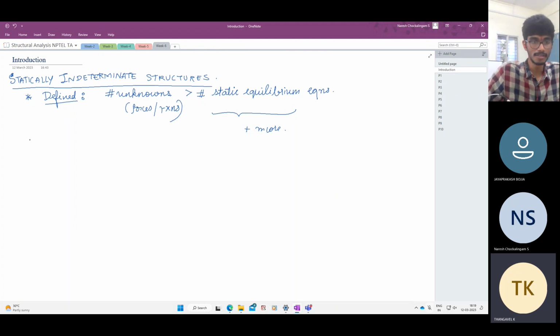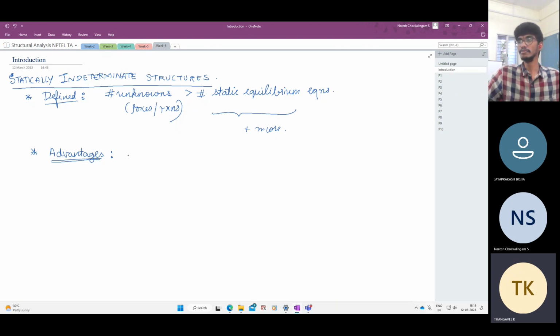Now, why are they more common? Let us look at the advantages of statically indeterminate structures. So why do we use statically indeterminate structures in civil engineering?